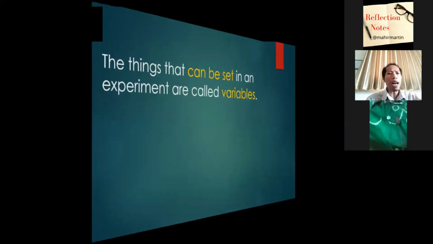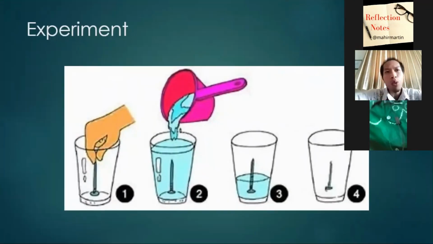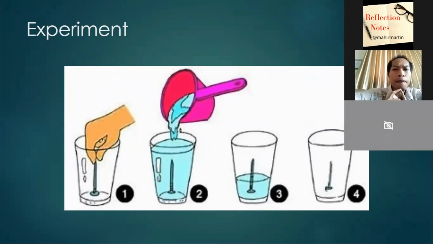For example, in our experiment, can you tell me what the variables are here? Water. The amount of water, good. What else? Glass. Okay, the shape of the glass is also a variable. What else? Nails. Same nails.